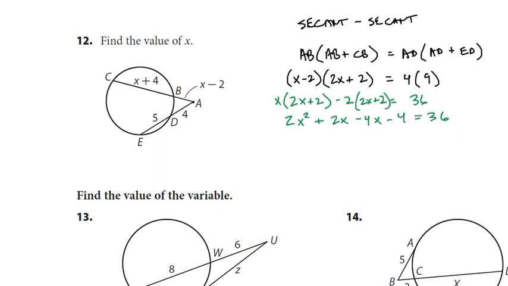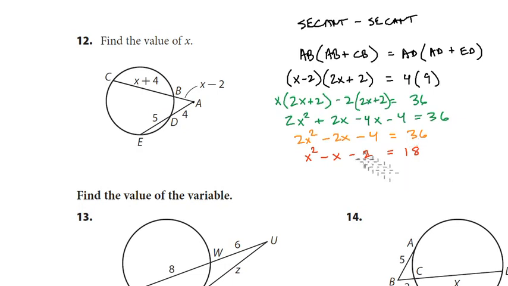All right, let's simplify. We've got like terms in the middle. Got 2x squared minus 2x minus 4 equals 36. Let's simplify this. Let's divide everything by 2. I've got x squared minus x minus 2 equals 18.